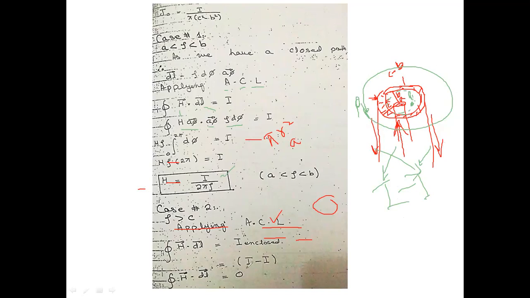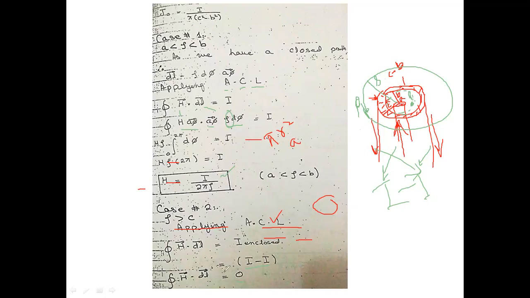That is why it is equal to 0 when we consider a point of observation greater than C. Remember that the radius of the inner conductor is A, B is the inner surface of the outer conductor, and C is the outer surface of the outer conductor, but the radius for the point of observation will always be rho, from the center to the point of observation.